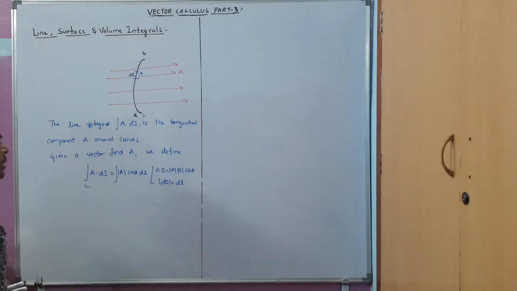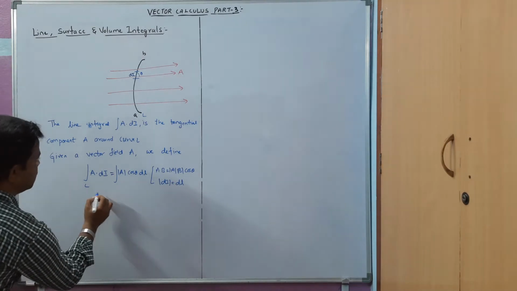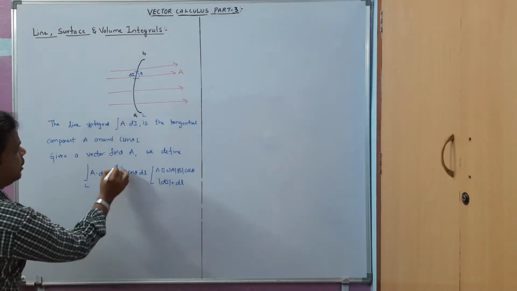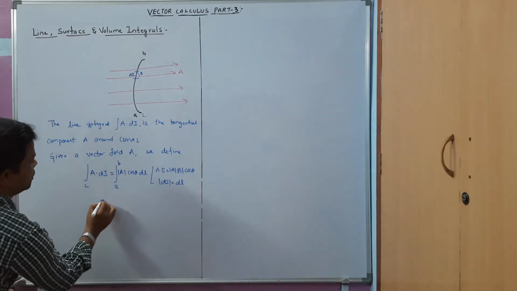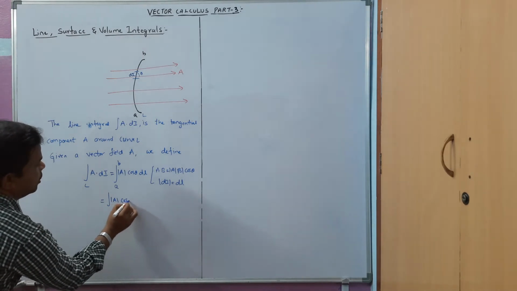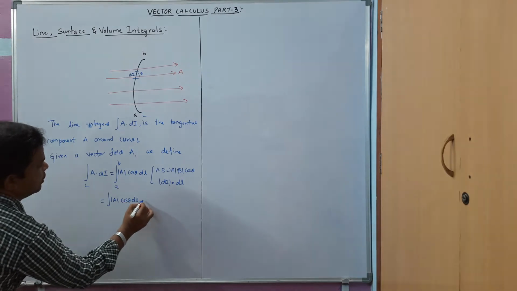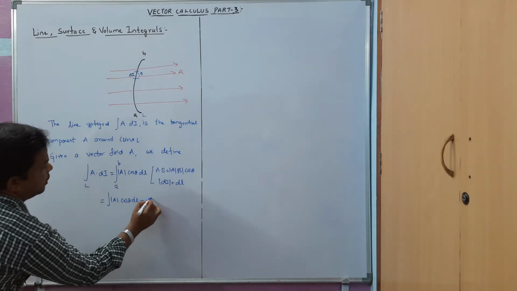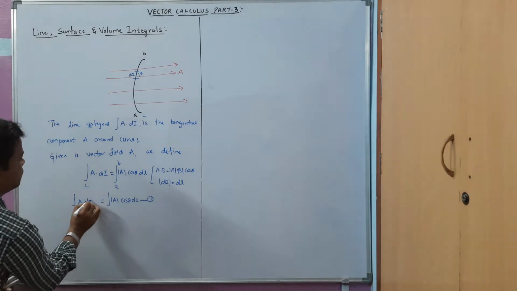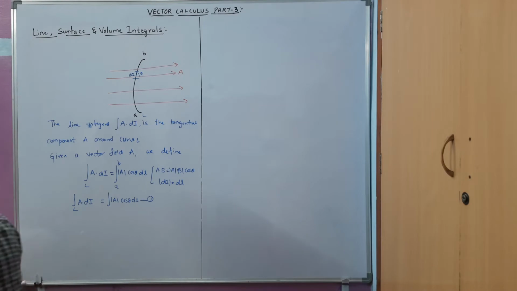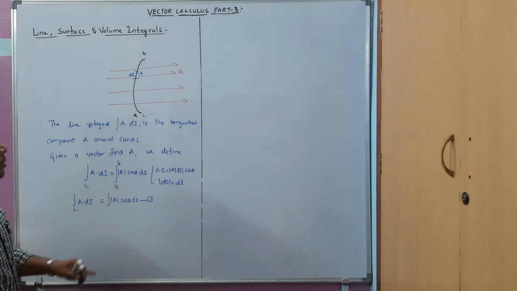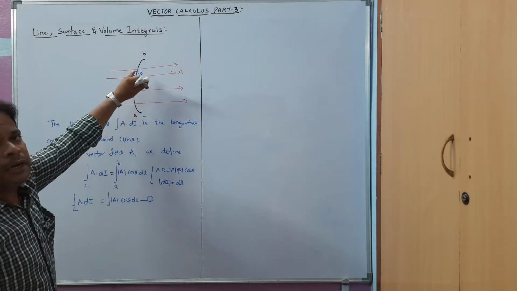Now I integrate this from A to B, so it is the integral of mod A cos theta dl. This is the first formula, A dot dl, the line integral from A to B around a curve L.